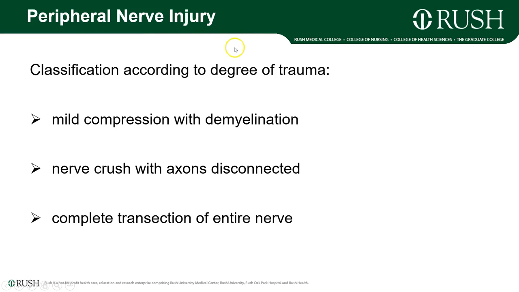You can classify peripheral nerve injury into either a mild compression, where there is no real demyelination of the axons and the recovery is pretty normal, followed by crush injury, where the axons within a nerve fascicle can become disconnected, followed by a more severe injury, which is referred to as complete transection of the entire nerve, in injuries such as, for example, trauma from blade entry or a ballistic entry.